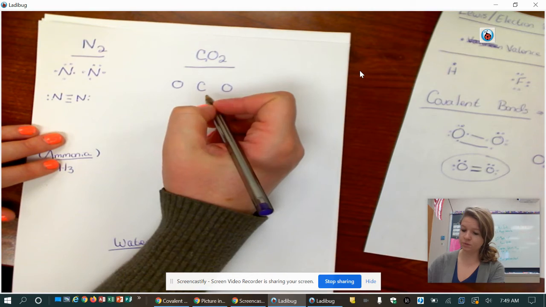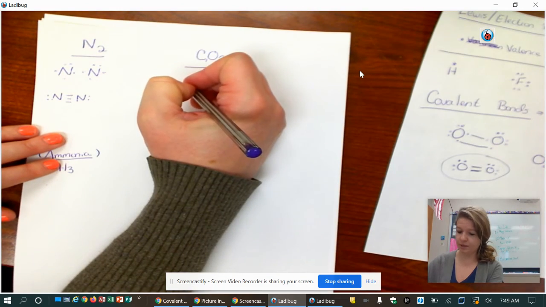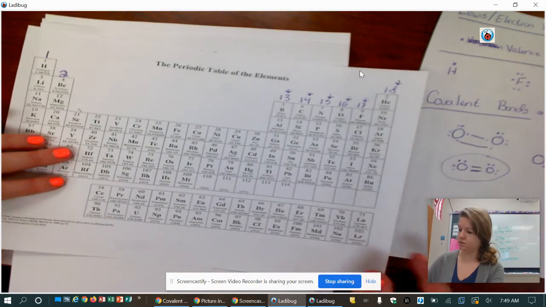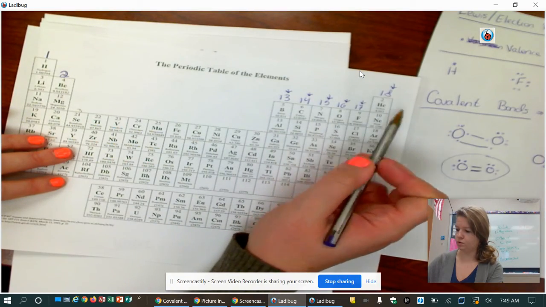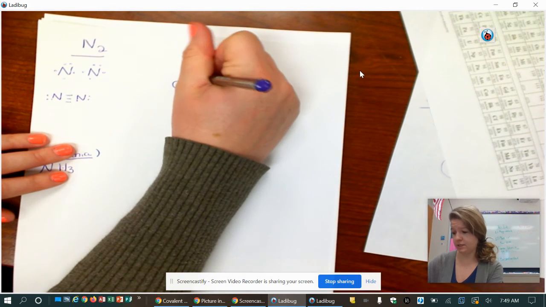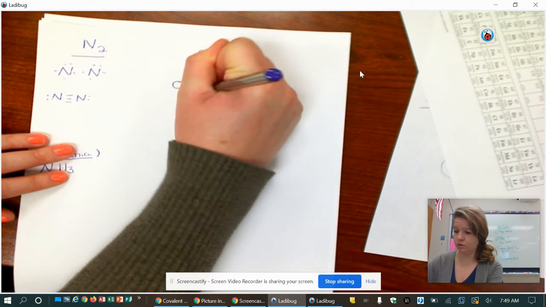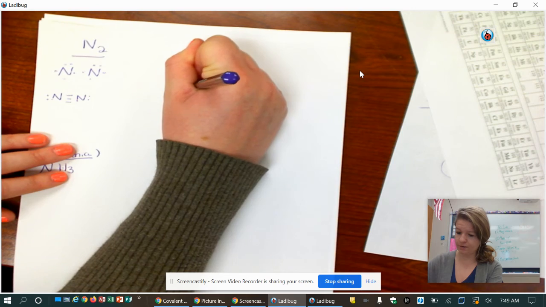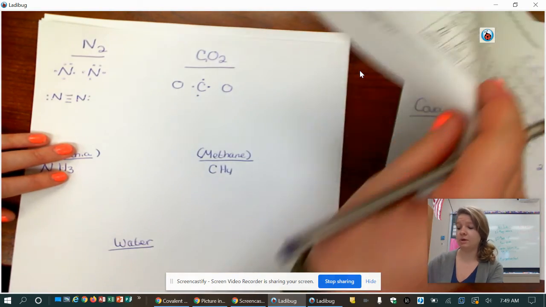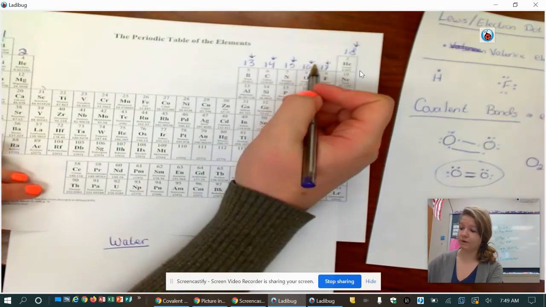For CO2, we quite simply take our carbon, which is in group 4. We know we have 4 electrons here. For our oxygen, we go back to our periodic table, we have 6.